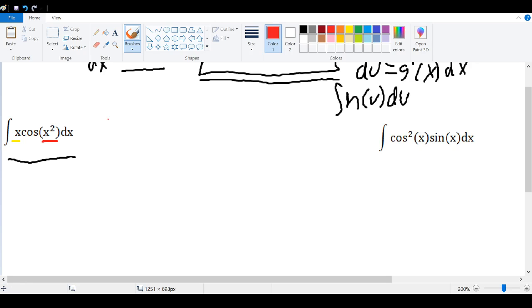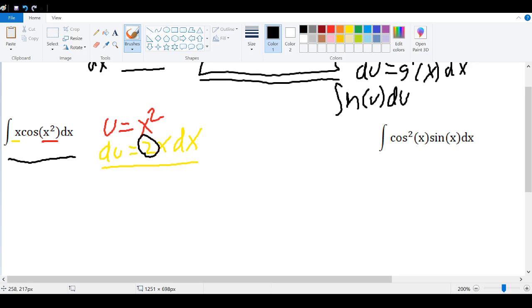So here we have u is equal to x squared, and therefore du by implicit differentiation is equal to 2x dx. And now we can use a little bit of algebra to work on this du. And the reason we're going to need some algebra is because we don't have this 2 here.